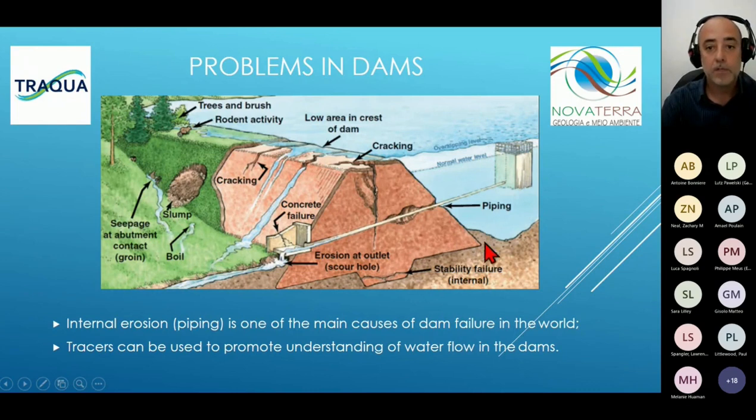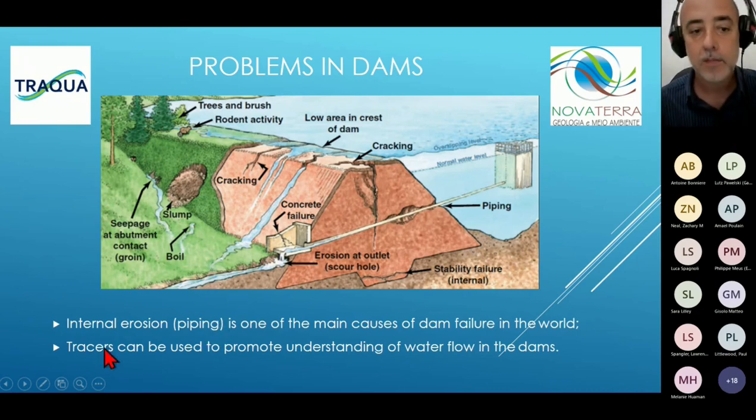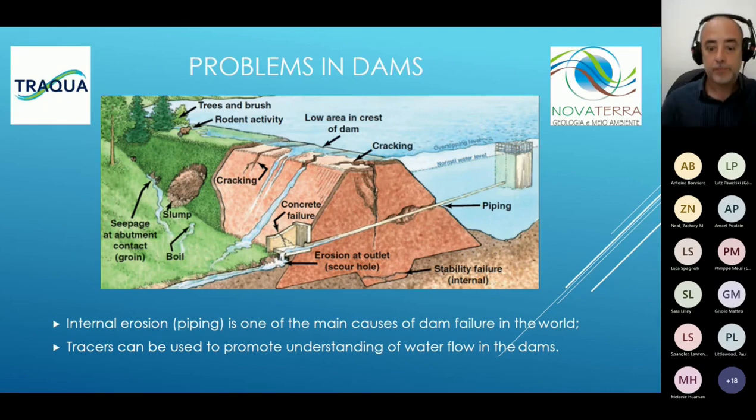The flux in the ground, the flux between the natural terrain and the dams, can cause internal erosion, piping, and tracers can be used to promote this understanding of water flux in dams. So it is an important technique.